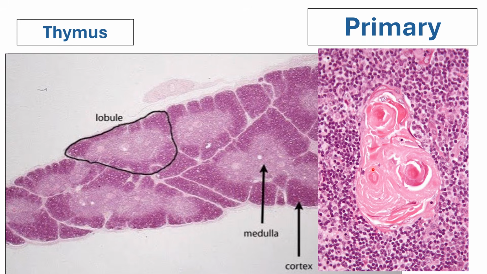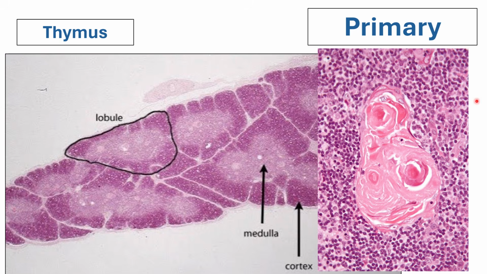So here is a close-up of the Hassall's corpuscle or your thymic corpuscles that is only seen in the medullary area, and this is one telltale characteristic of your thymus. You will only be seeing this in your thymic tissue, not in the lymph node and not in the spleen. So if you see this structure under the microscope, then it is your clue that you are looking at a thymus.